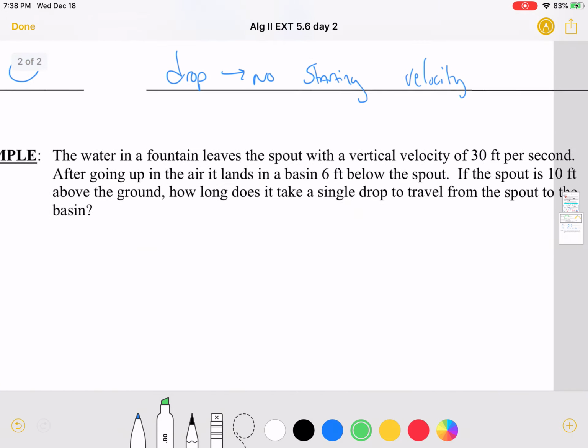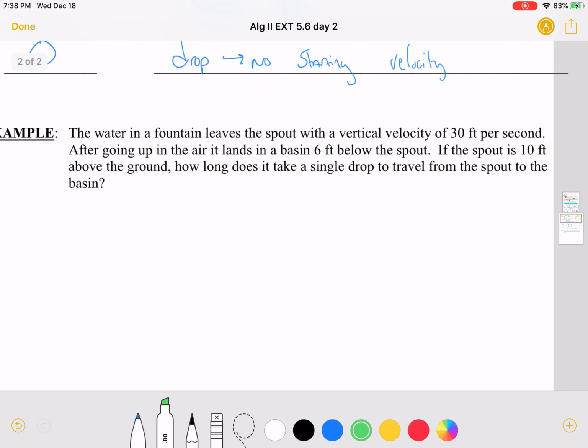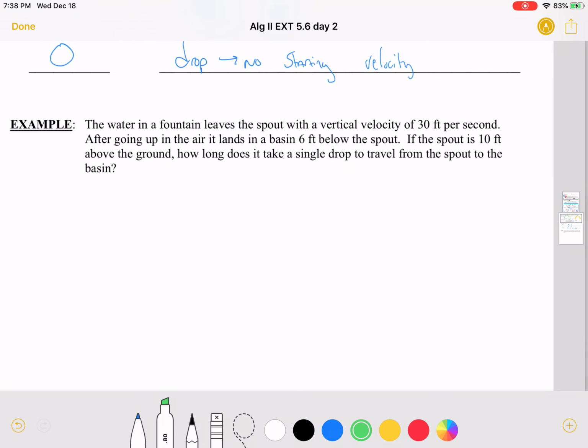Okay, so this says, the water in a fountain leaves the spout with a vertical velocity of 30 feet per second. After going up in the air, it lands in a basin 6 feet below the spout. If the spout is 10 feet above the ground, how long does it take a single drop to travel from the spout to the basin? So, is our object being launched or is it being dropped?